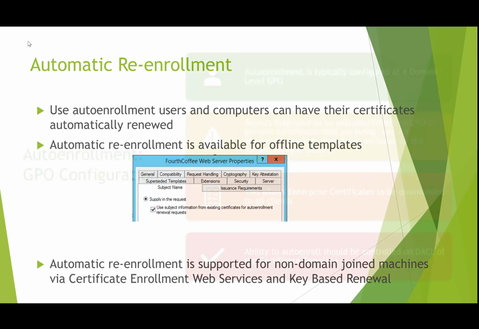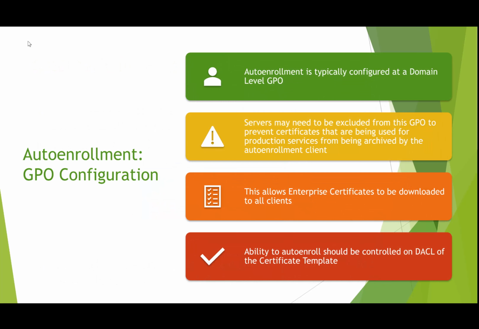So this stuff we covered in the environment, where we took a look at all those different settings. As far as auto enrollment, it is configured on a GPO, and I put here that it is typically configured at a domain level. That may or may not be the case, so I should probably take that out. You may configure it at the domain level, but a lot of times you don't want it to apply to everything. You may have a subset of computers that you want it to apply to.